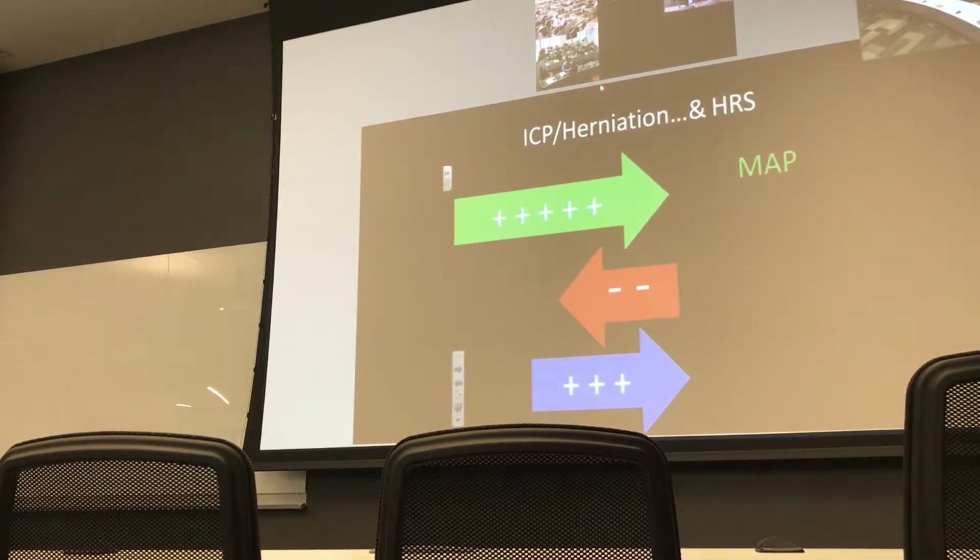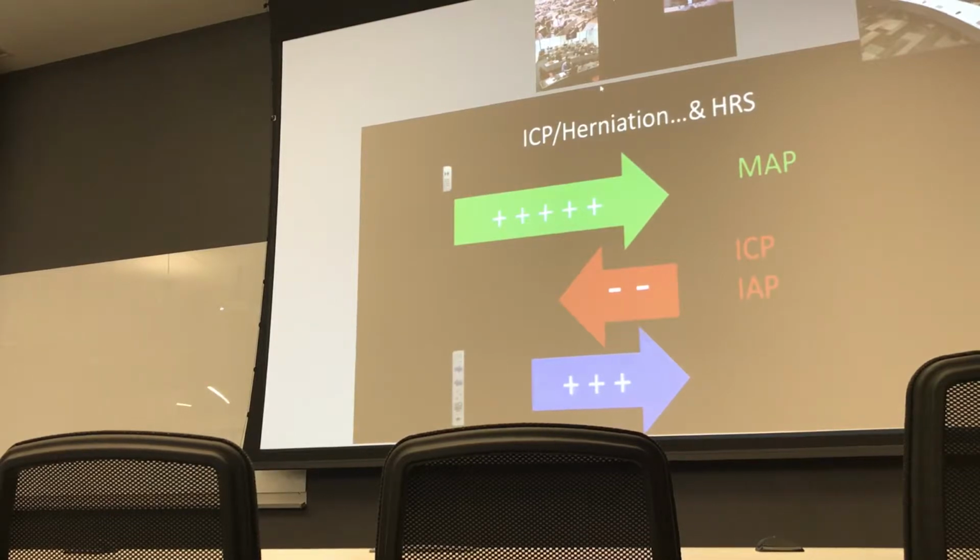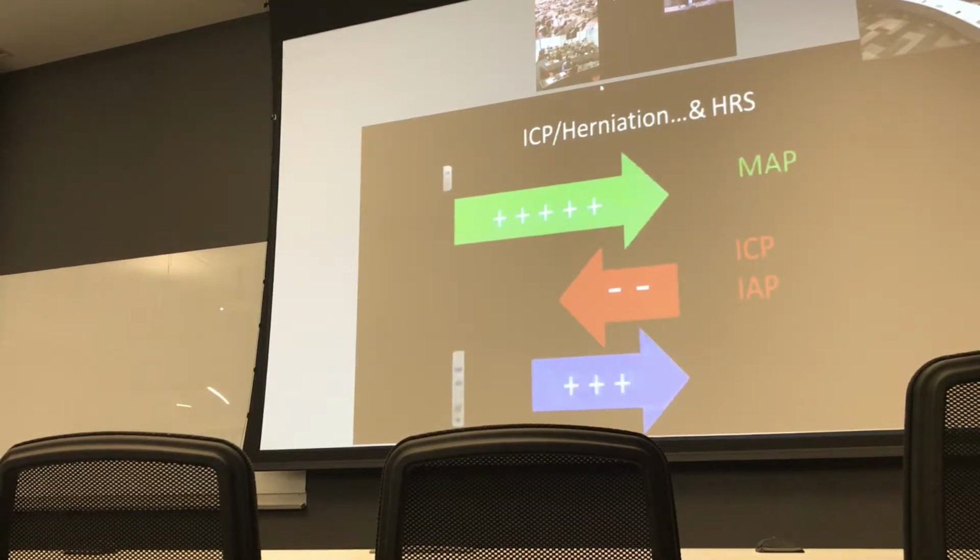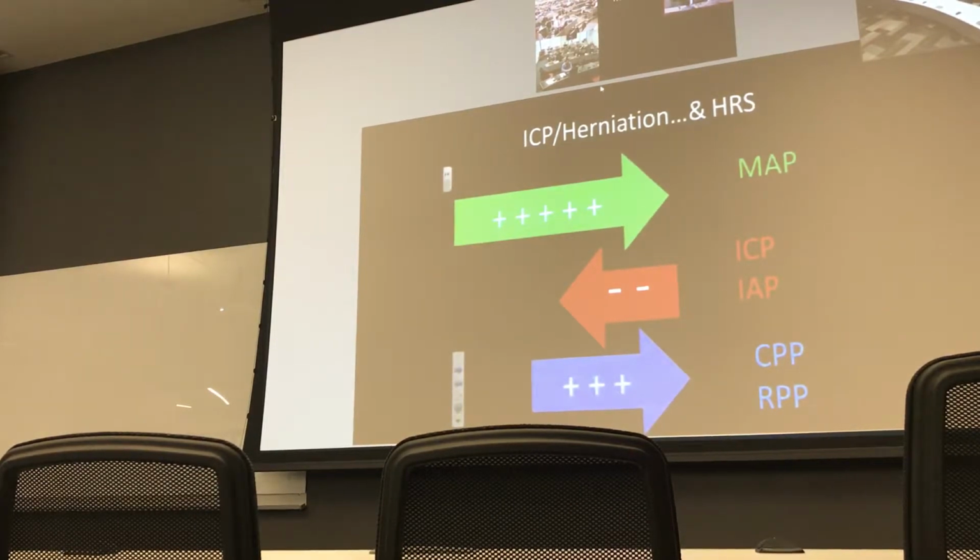If we put that in context, this patient's mean arterial pressure minus their ICP, so 65 minus 39, is about 26, which would give them a net cerebral perfusion pressure of only about 20. Our goal organ perfusion pressure, whatever organ it is, is about 60.